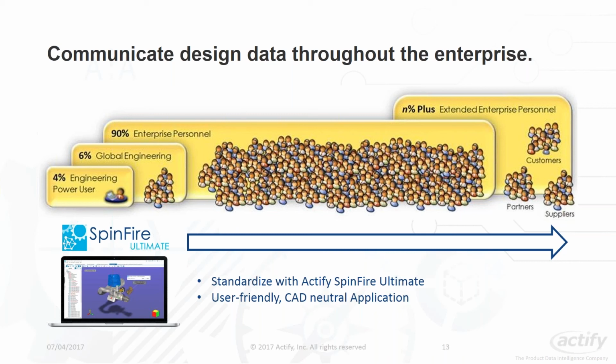We've designed it for quick implementation and fast user adoption, but the key thing is that it enables information workers across the enterprise and the extended supply chain to easily interact with and access native CAD data. It allows them to provide feedback to the design teams and allows them to collaborate on design data.